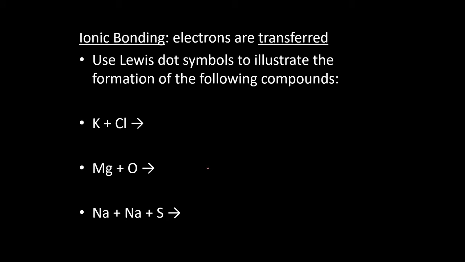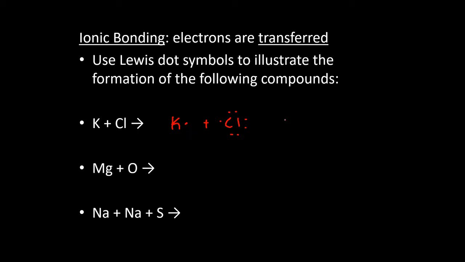So when it comes to ionic bonding and Lewis dot structures, it's pretty straightforward what happens here. So you would write the Lewis dot structure for potassium. It has 1 valence electron. It's reacting with chlorine, which has 7 valence electrons. And when it reacts together, the potassium is going to lose the 1 electron to the chlorine.